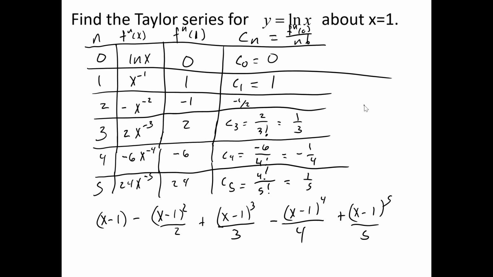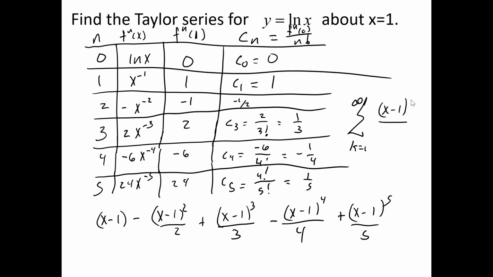To write this in summation notation, we're going to start at 1. The powers of x minus 1 are 1, 2, 3, so whatever the power is, that's the same as the denominator. Sorry, that was wrong.